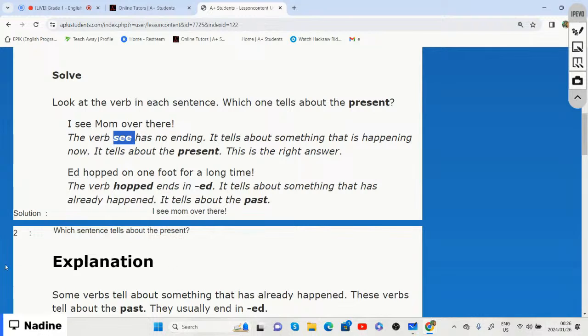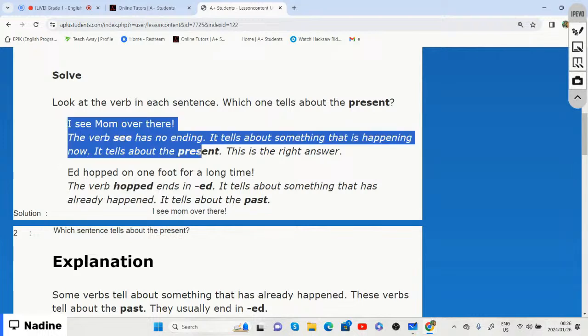And then if you look at the second sentence, it says, it hopped on one foot for a long time. The verb hopped ends in ed. So it tells about something that happened already, which means that we are not dealing with the second sentence.